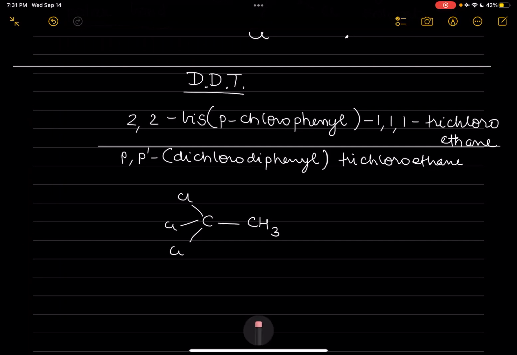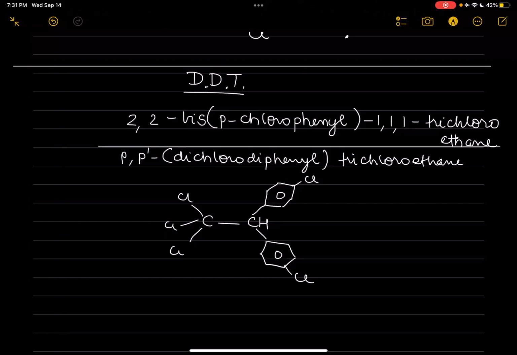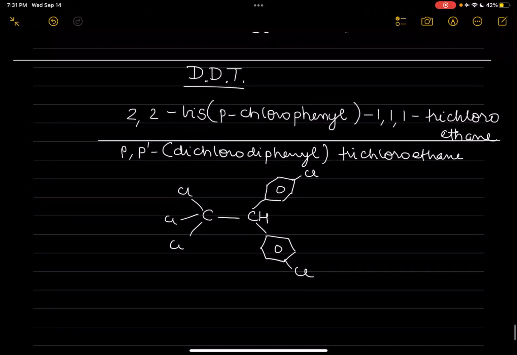And suppose I remove two hydrogens and put two benzene rings, so two phenyl groups, and on the phenyl I also put chlorine at the para position. Para means opposite. Is it clear? Yes, sir. Clear.